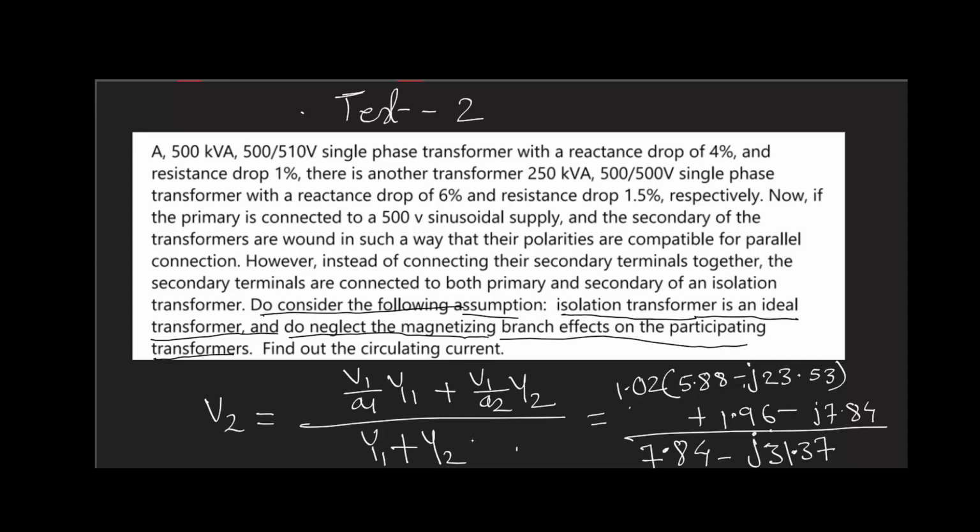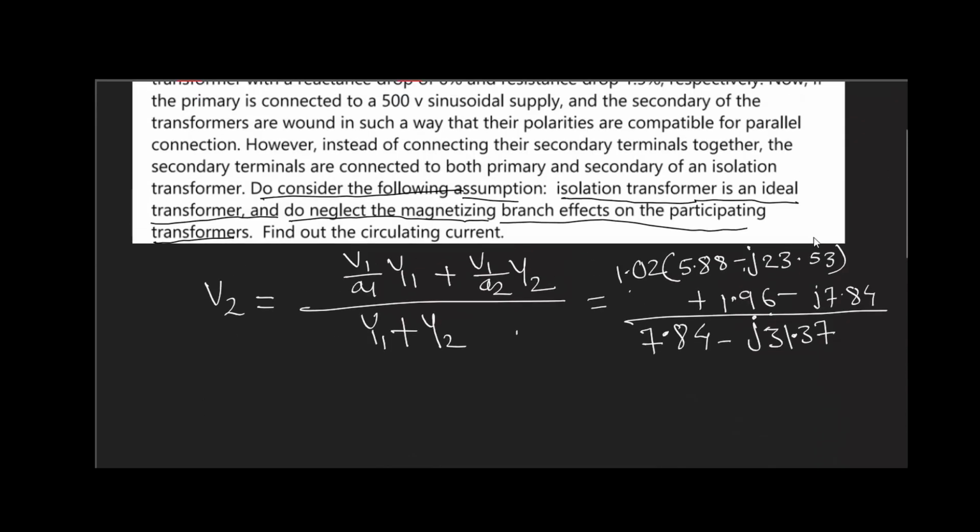And once you figure out V2, then if you find out the current that is flowing through one branch, that will give you the idea about the circulating current. What I am trying to tell you is, here, if we write that, I2 will be how much?